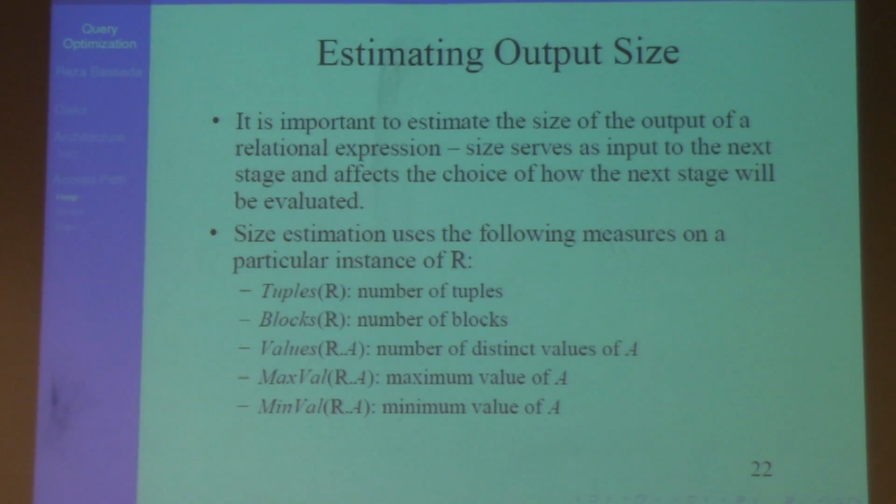So for the size estimation, we have the following measures on a particular instance of relation R. We need to know the number of tuples of R, the number of blocks of R, the number of distinct values of R on a specific attribute A, and the maximum value and the minimum value.